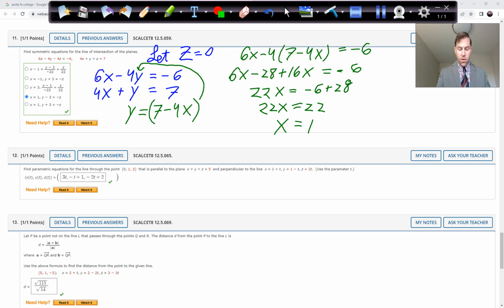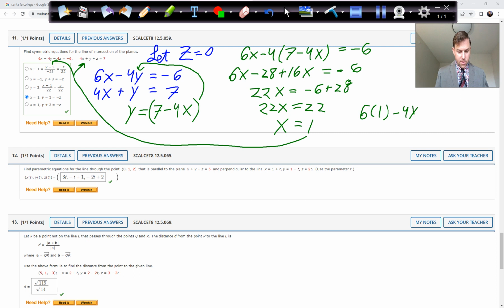Okay, now we're going to plug x equals 1 back into the original two planes. Or either one, honestly. Let's just put it into the first one. So if x is 1 in the first plane, we're going to get 6 times 1 minus 4y minus 4z equals minus 6. And so we're going to get 6 over here, which is going to subtract.